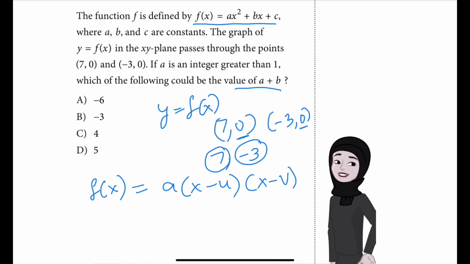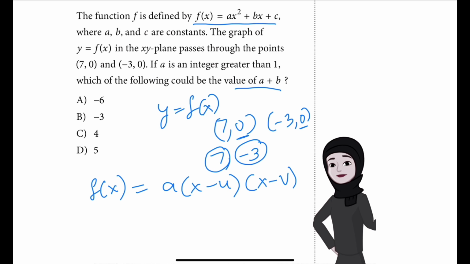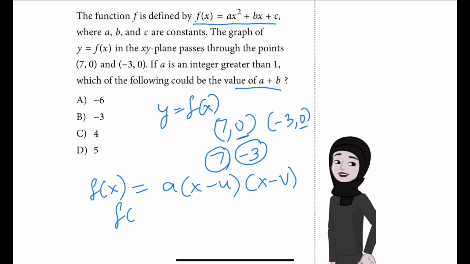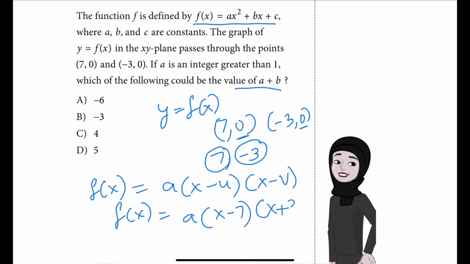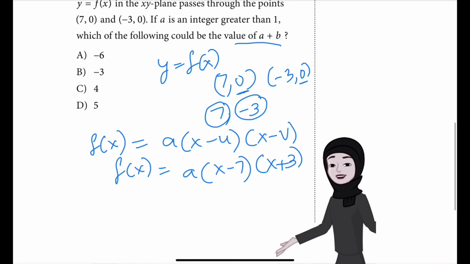That means we can take u to be equal to 7 and v to be equal to -3. So we get f of x is equal to a times (x minus 7) times (x plus 3). And then we will distribute the right hand side of the equation.